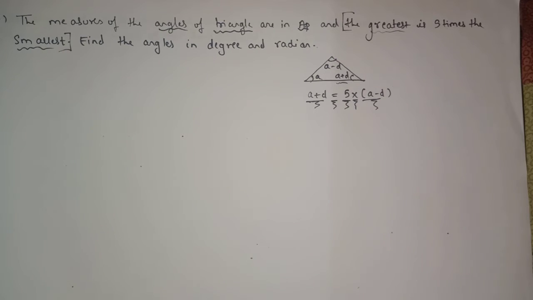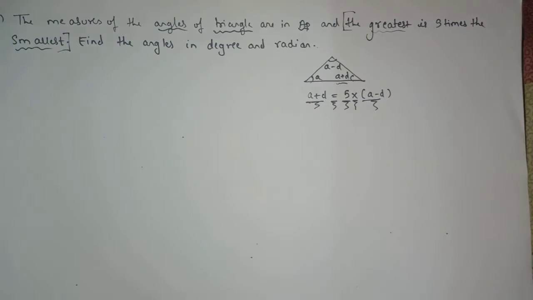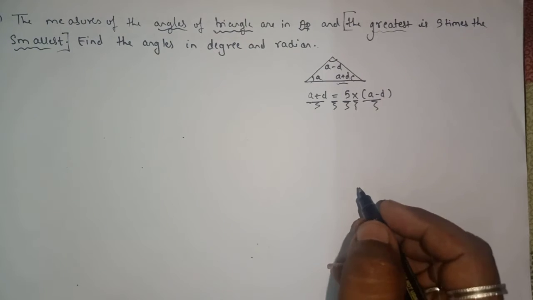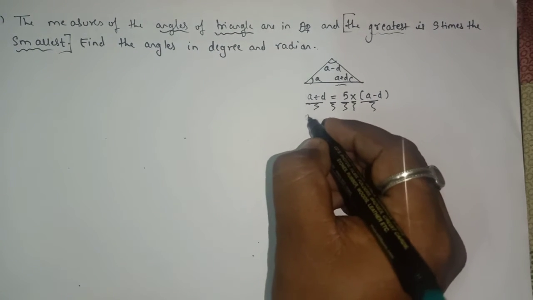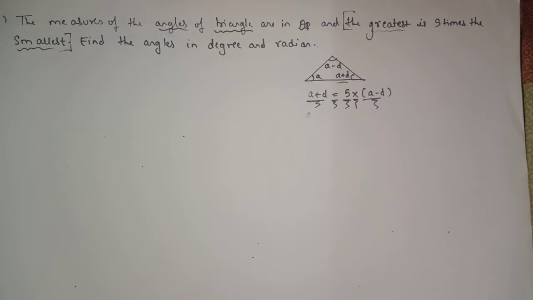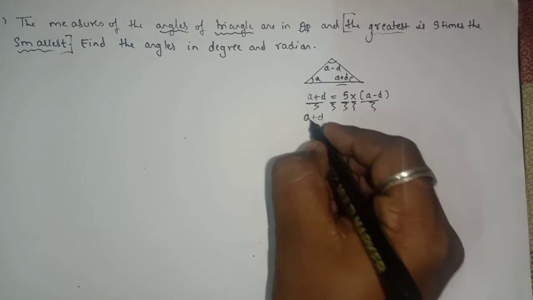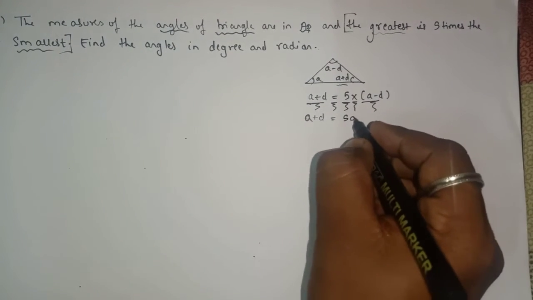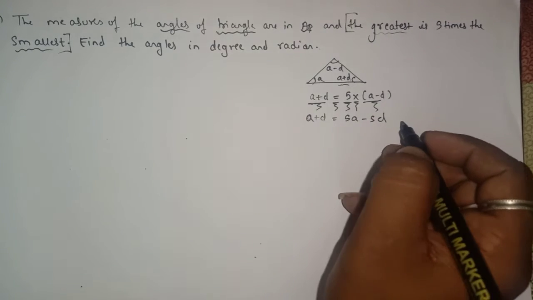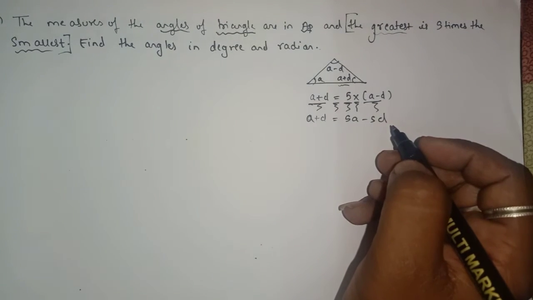Okay, so now here we got one condition: a plus d equals 5 into a minus d. When you solve this further, a plus d equals 5a minus 5d. Yes or no?